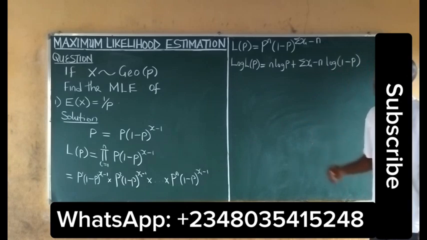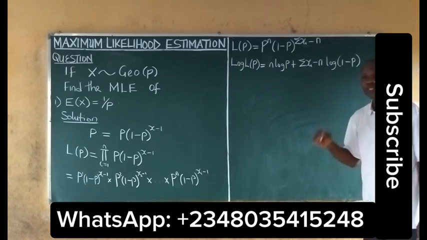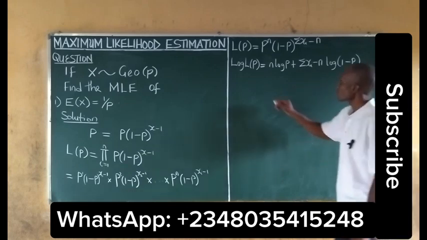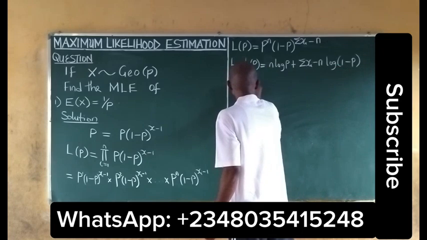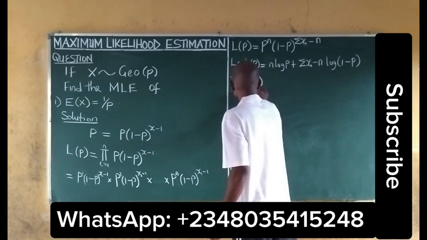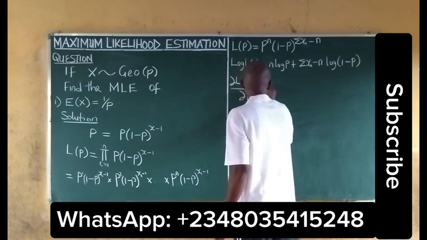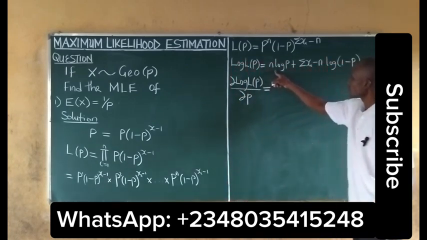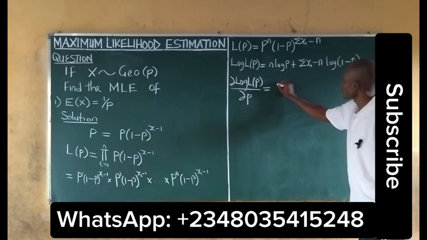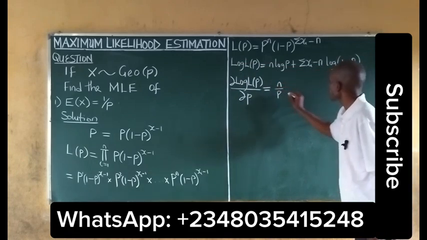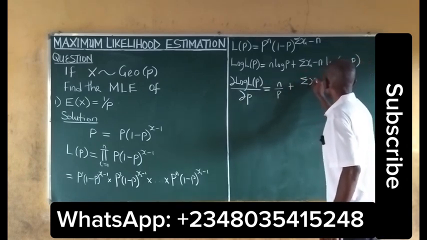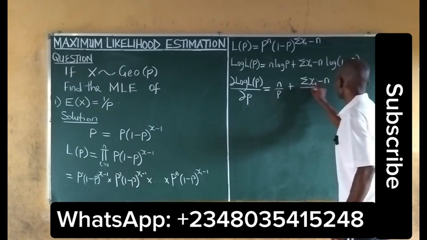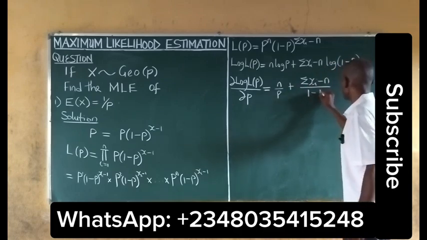For maximum likelihood estimation, the next thing to do is to take the derivative. If we differentiate this function, we'll get n all over p, plus summation of xi minus n all over 1 minus p.